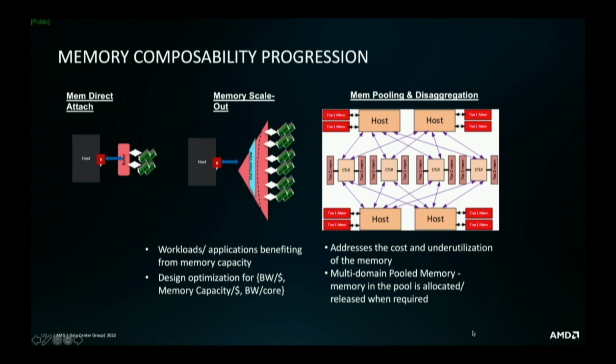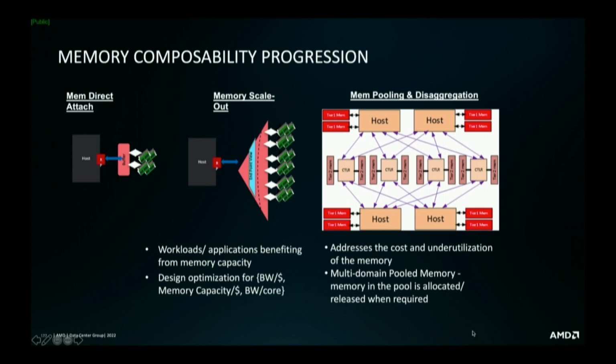This is where the first generation of CXL comes into play. And this is where hyperscaler, enterprise and HPC workloads have specific bandwidth per core or capacity per core numbers. As the number of cores increases, these are the ways in which you can manage those requirements.